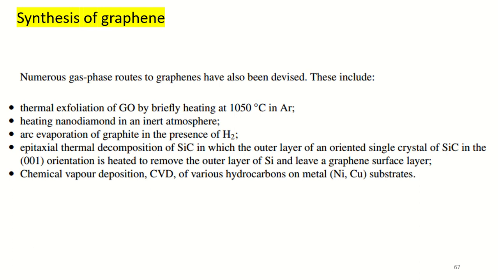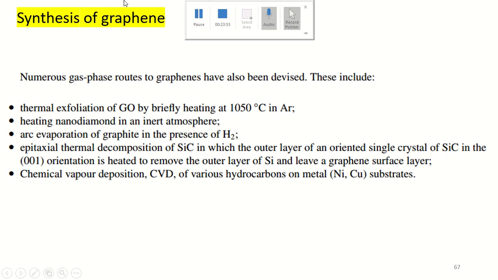It also includes arc evaporation of graphite in the presence of hydrogen. It includes epitaxial thermal decomposition of silicon carbide, in which the outer layer of an oriented single crystal of silicon carbide in the 001 orientation is heated to remove the outer layer of silicon and leave a graphene surface layer.